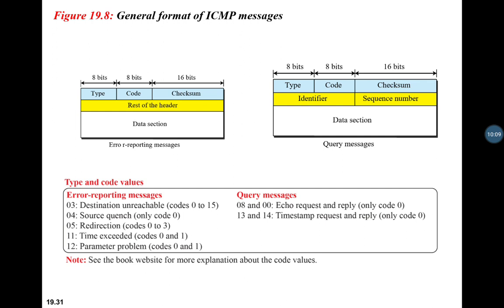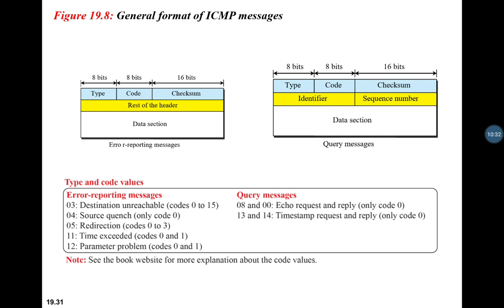Similarly, no ICMP error message will be generated for a datagram carrying an ICMP error message. Similarly, no ICMP error message will be generated for a fragmented datagram that is not the first fragment. In between the fragments, ICMP error messages will not be generated.